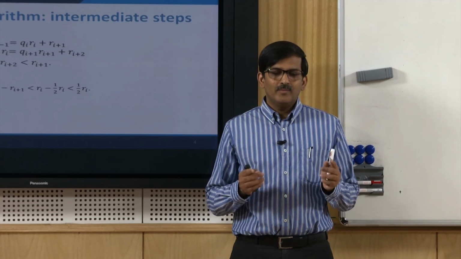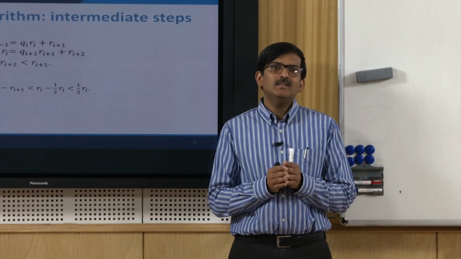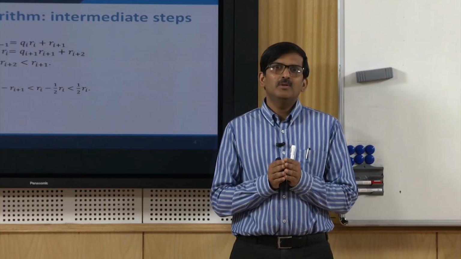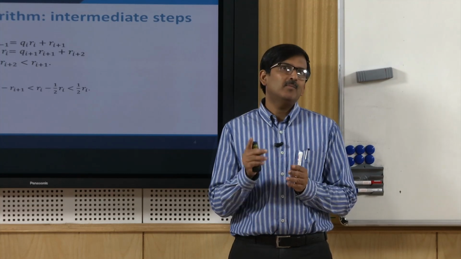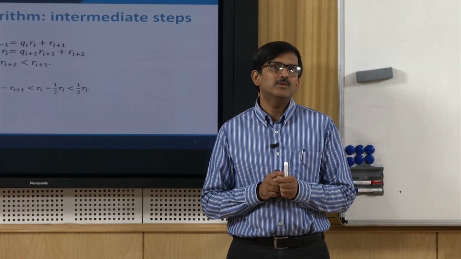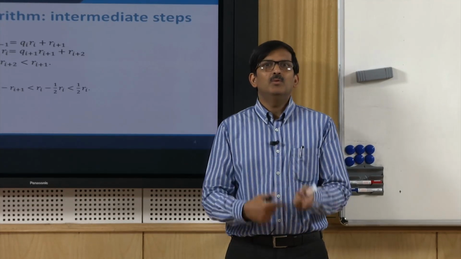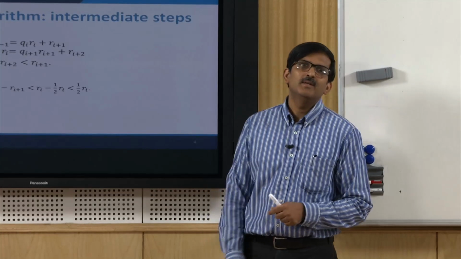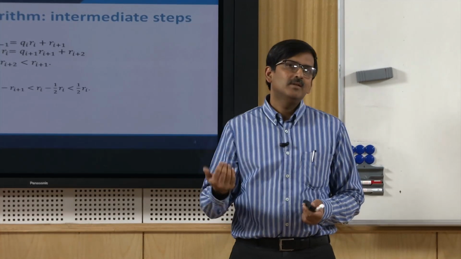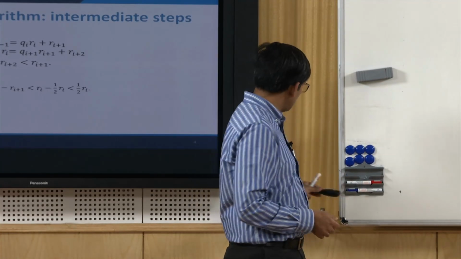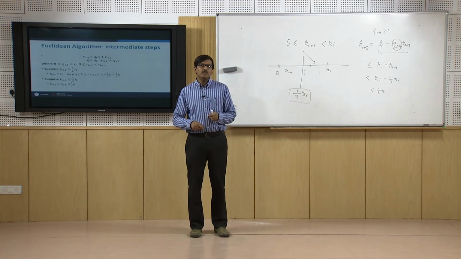That means, in terms of binary representation of integers, the number of bits required to store Ri plus 2 is 1 less than the number of bits required to store Ri. So if you jump 2 steps, the remainder becomes less than half of the original, and the number of bits required decreases by 1.